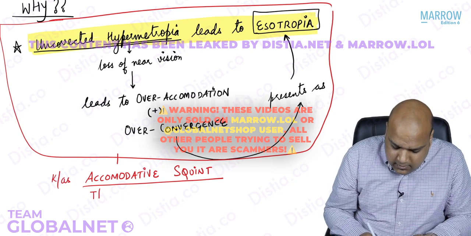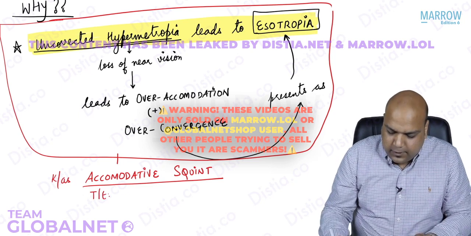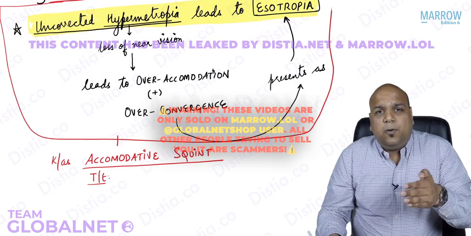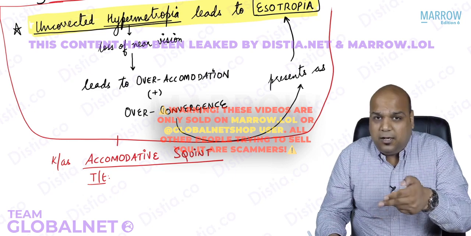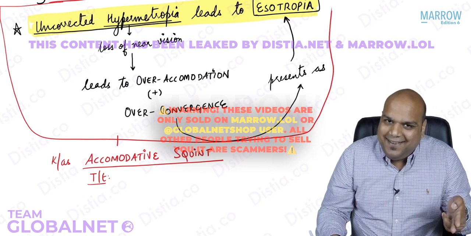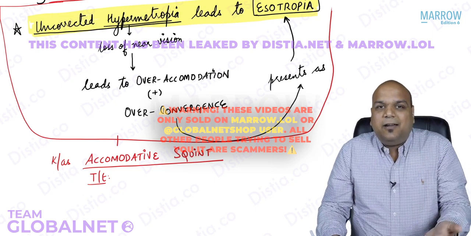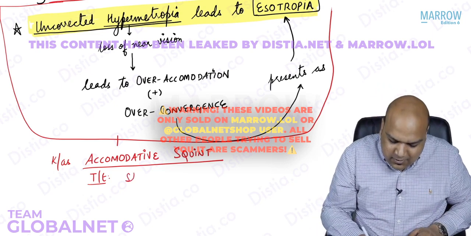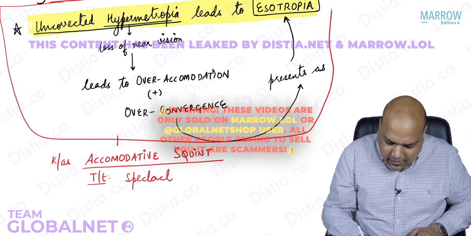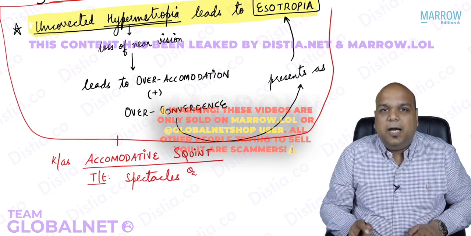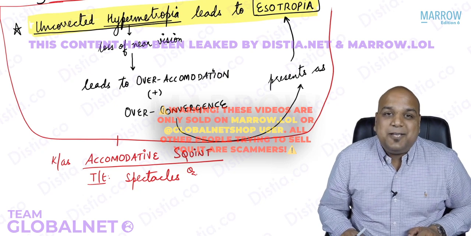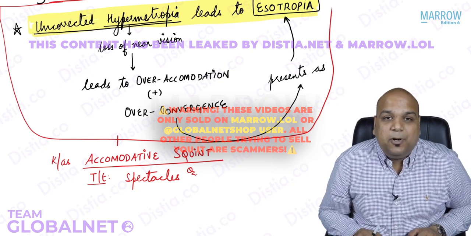Now, the examiner asks you what is the treatment of accommodative squint. So accommodative squint is esotropic. It occurs due to uncorrected hypermetropia. Hypermetropia is a refractory error. So you need to at last treat the refractory error. So that means what should be the treatment, everybody? Treat the refractory error. Make the child wear a pair of spectacles. As soon as the child wears a pair of spectacles, the hypermetropia will be resolved.